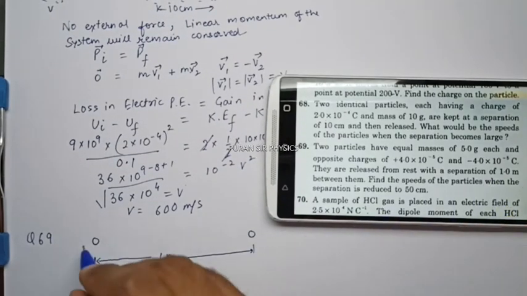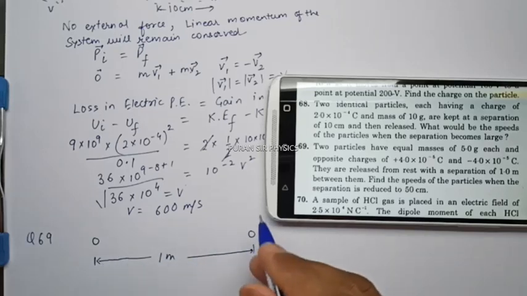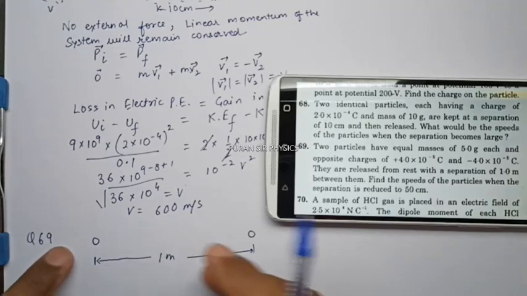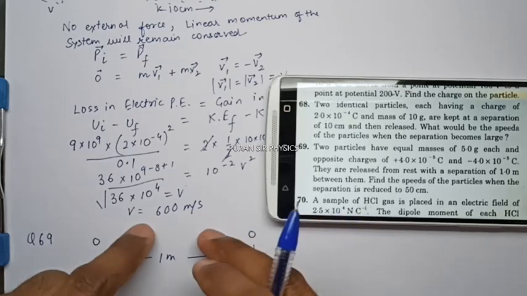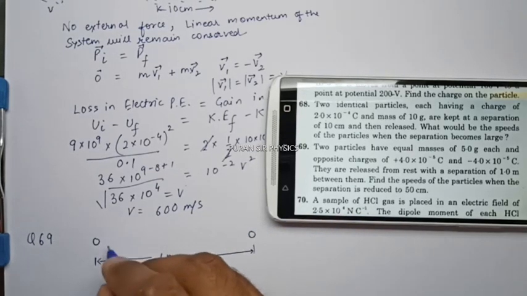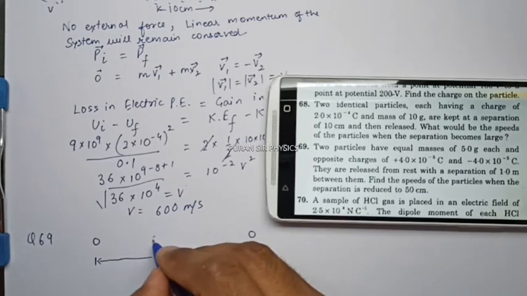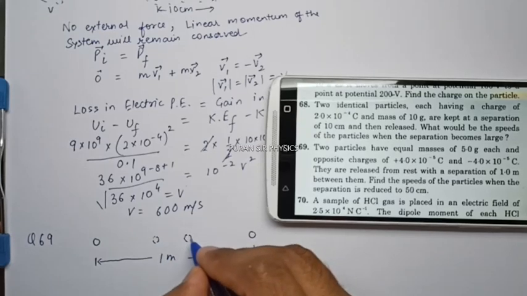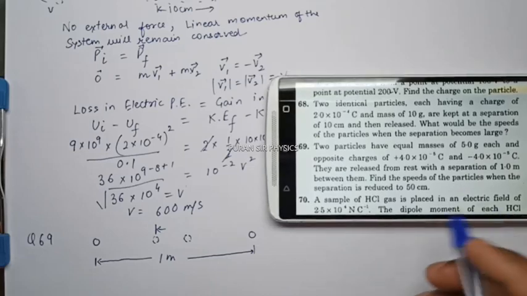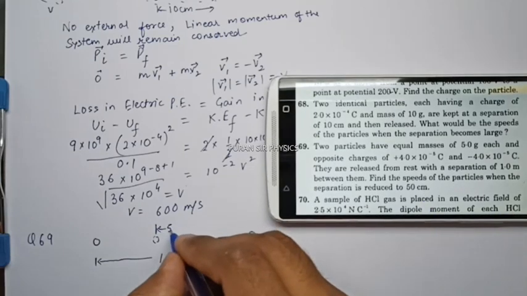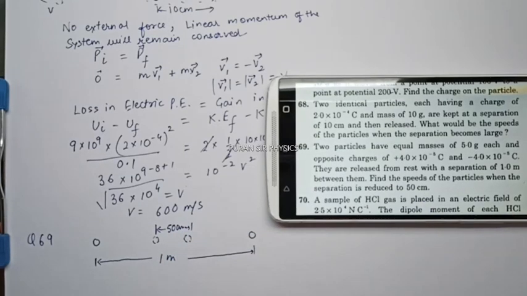And then since both are of opposite nature, one is positive and the other is negative, there will be a force of attraction. So there will be an increase in kinetic energy and a decrease in potential energy. At a later instant the distance between them is 50 centimeter.